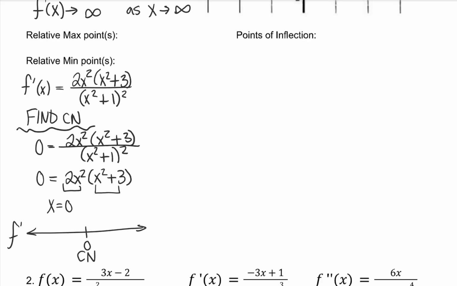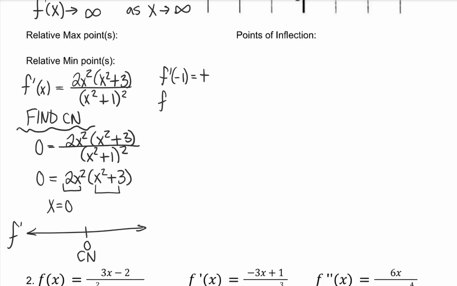Let's create an f prime number line to determine if my intervals are positive or negative to the left and right of our critical number. So f prime of a number less than 0, I'll just figure out what is f prime of negative 1. Is that going to give me a positive value or a negative value? Looks like it's positive on top and on the bottom as well. So that's going to be a positive value.